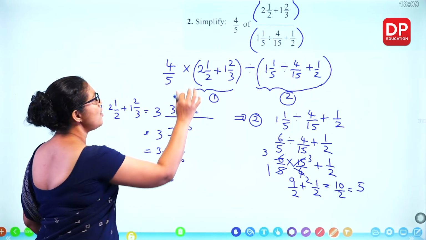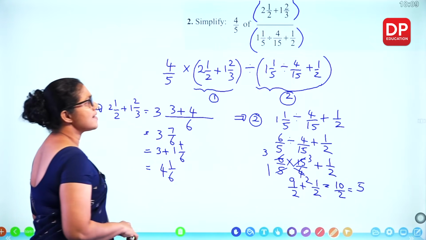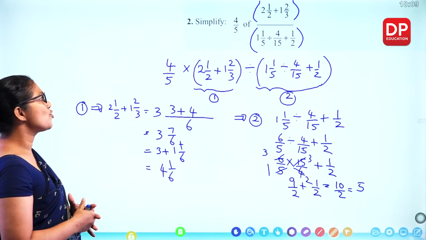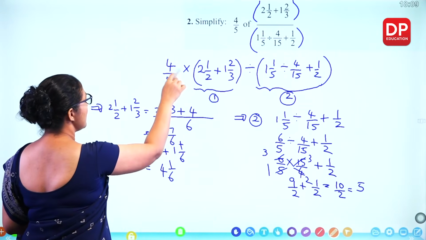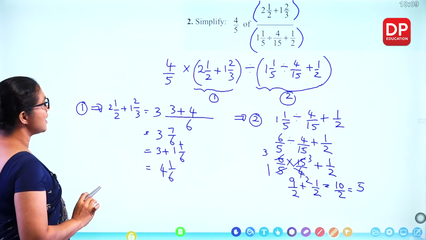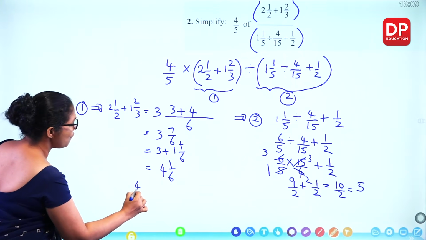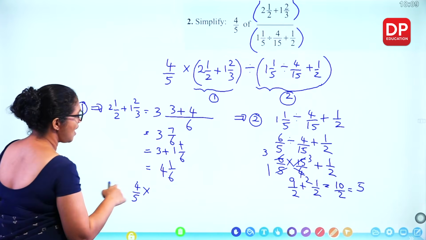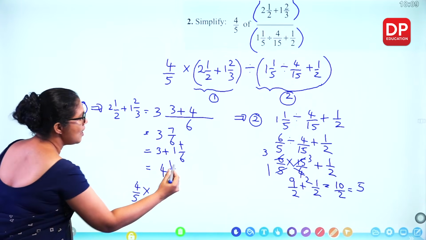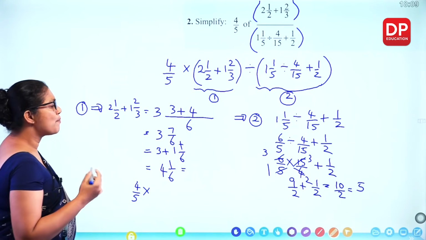Now we found two separate brackets and now we need to connect these two together. So here we can rewrite the question again as 4/5 multiplied by the first answer. Here the first answer we'll write as an improper fraction.